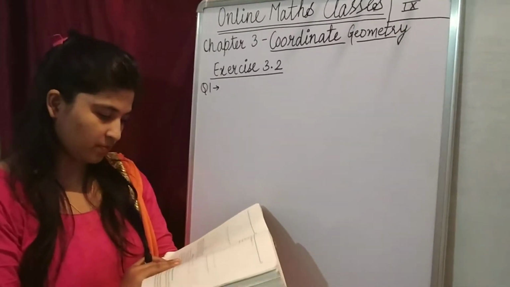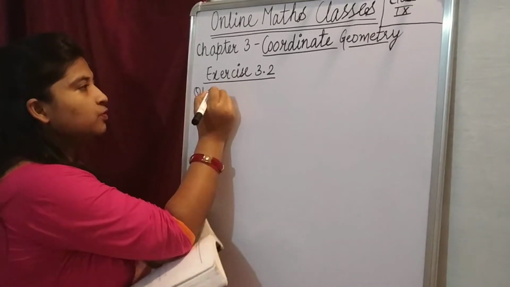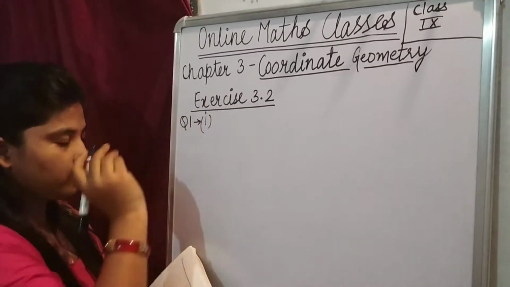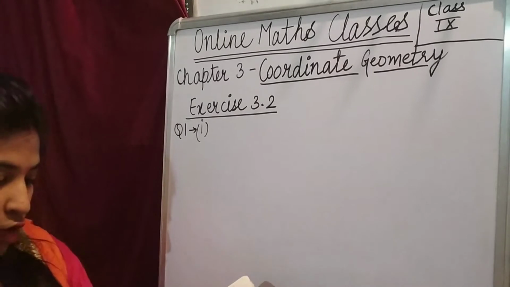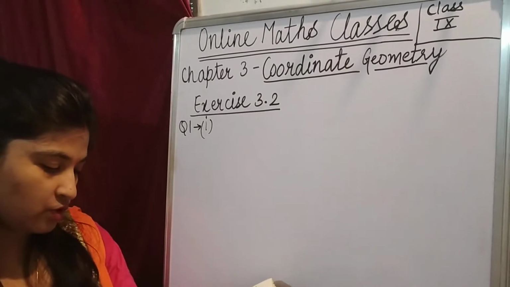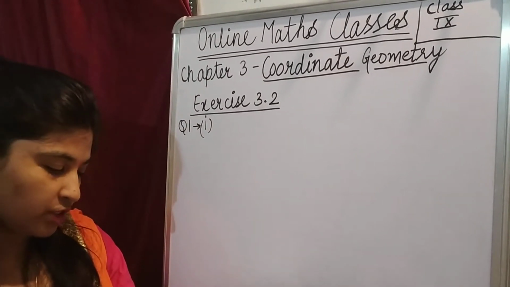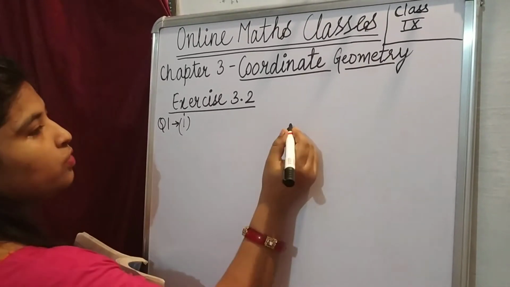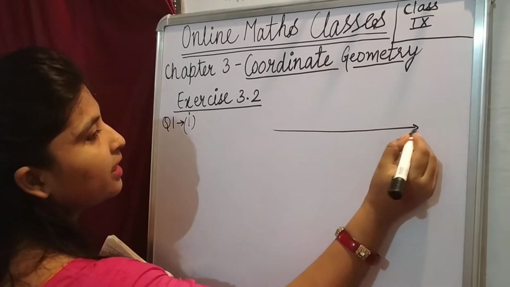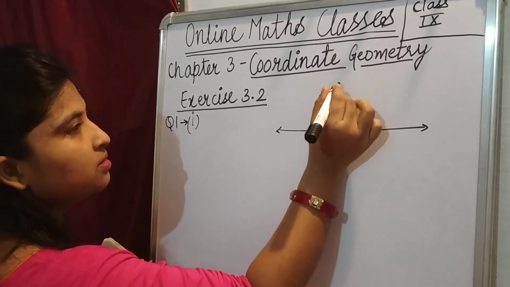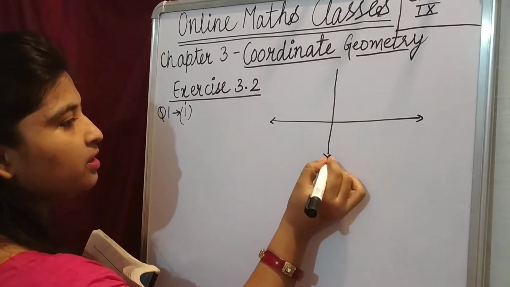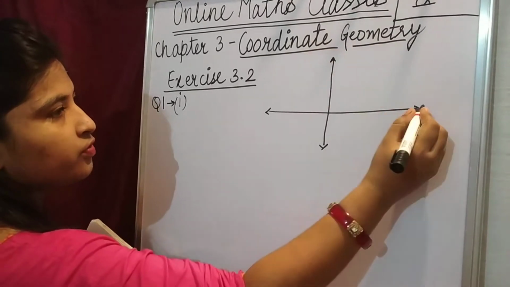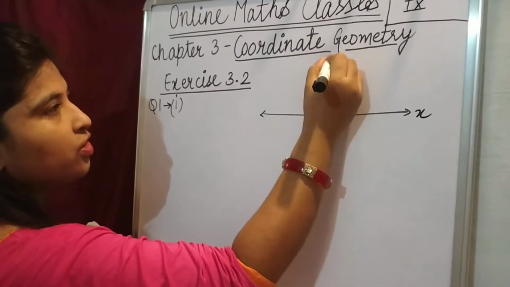Exercise 3.2, question number one, first part. You can see what it is saying. What is the name of the horizontal and vertical lines drawn to determine the position of any point in the Cartesian plane? I think all of you remember how we make the lines in the Cartesian plane. This was your x-axis and this was your y-axis.